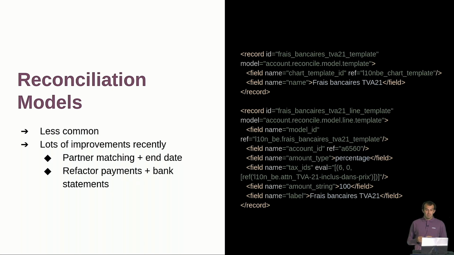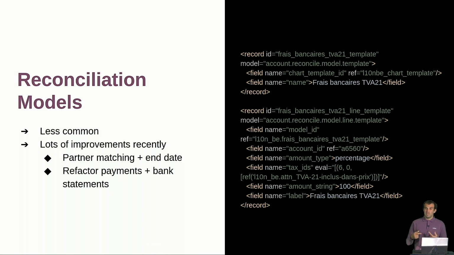For example, for the partner matching, in the United States, you don't always have that much information in your bank statement lines, and that's why we also allow to search for the corresponding partner through the information that is elsewhere, for example in the description of the bank statement line, and this allows for far better matching.